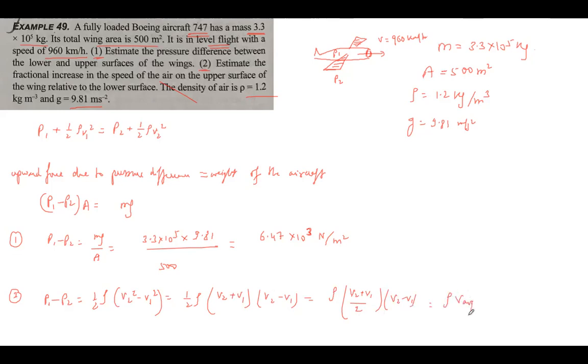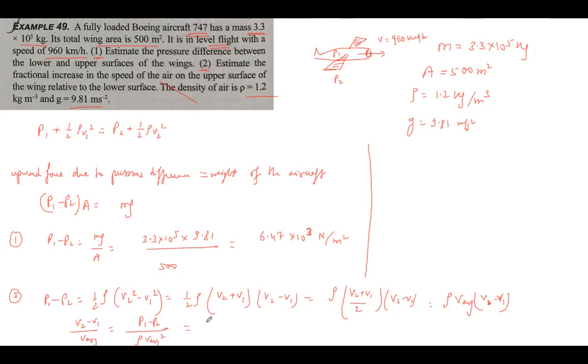Rho into average velocity into V2 minus V1. Now P1 minus P2 is this. So we have to calculate (V2 minus V1) by V average, which will be equal to (P1 minus P2) by rho into V average whole square.